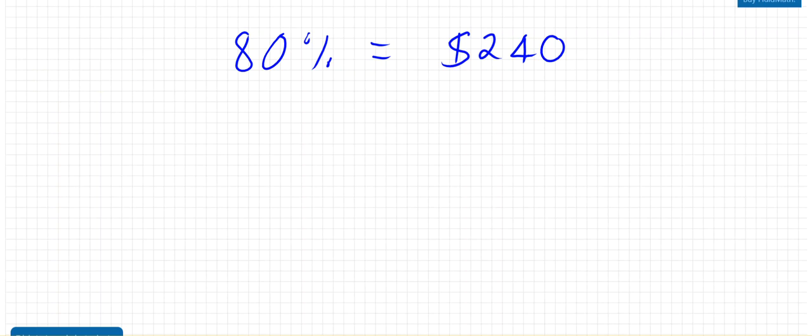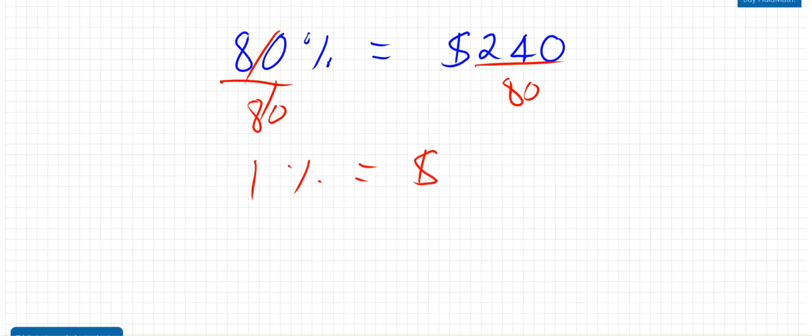So now let's work out what 1% is worth. So doing that same process as before, divide by 80 to give us 1%. And divide 240 by 80. Now once again, you can use a calculator because on the test we'll be having a calculator. So practice using that. And we end up getting $3. So 1% is worth $3.